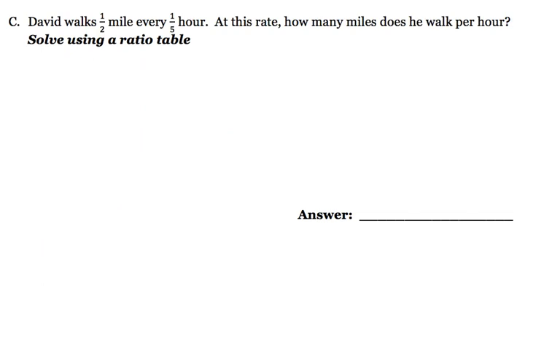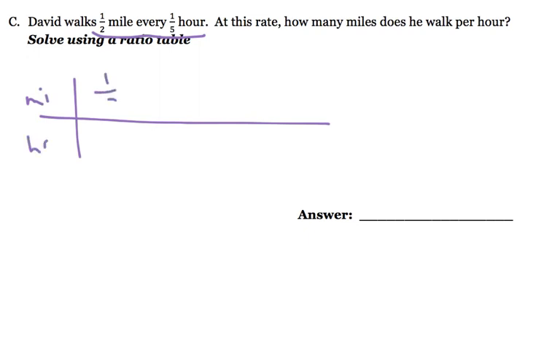Alright, C is really similar to part A because they're giving us a ratio, they're just giving it to us in fraction form. So I have miles and hours, and I have 1/2 a mile every 1/5 of an hour. At this rate, how many miles does he walk per hour?